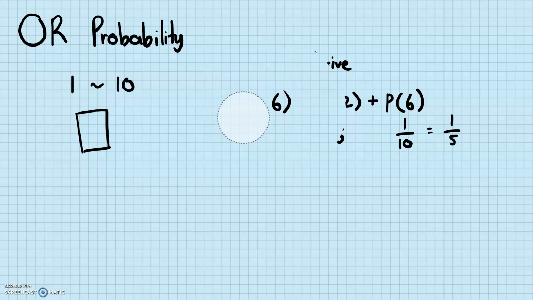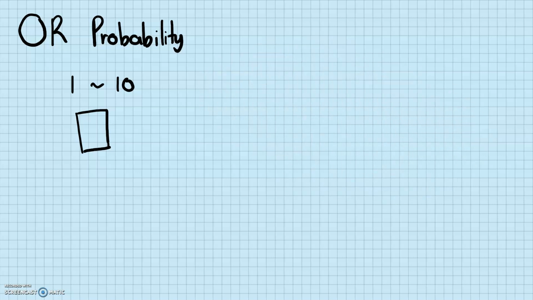Let's look at the same deck of cards here. What is the probability of picking a 2 or picking an even number? Now, this is not mutually exclusive, because is it possible for you to pick one card that is both even and 2?